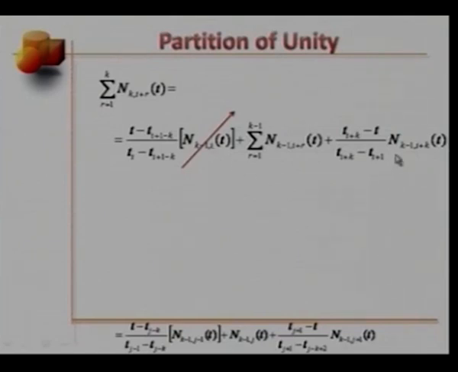Likewise, what would be the value of n_k minus 1,i plus k for t again in between t_i and t_i plus 1? Notice that the last knot is t_i plus k, and the first knot is t_i plus k minus k plus 1, which would mean the first knot is t_i plus 1. Again, in the interval t_i to t_i plus 1, this basis spline of order k minus 1 will be 0.